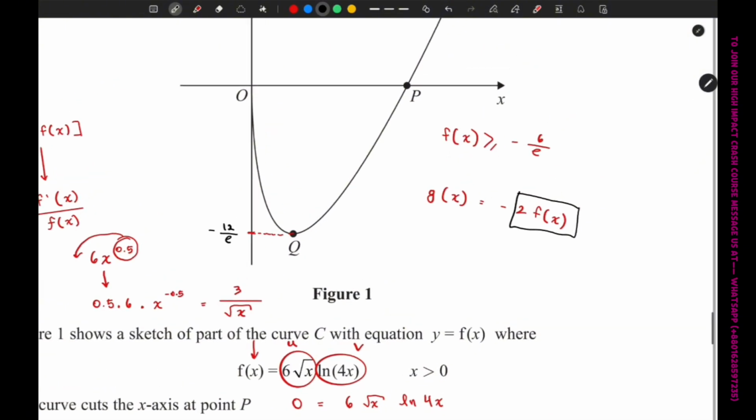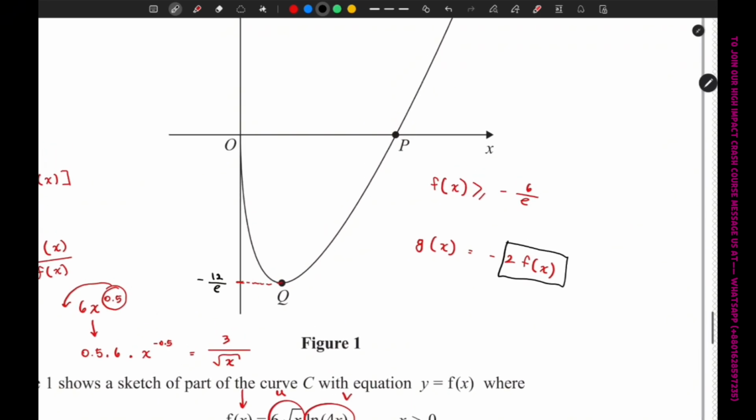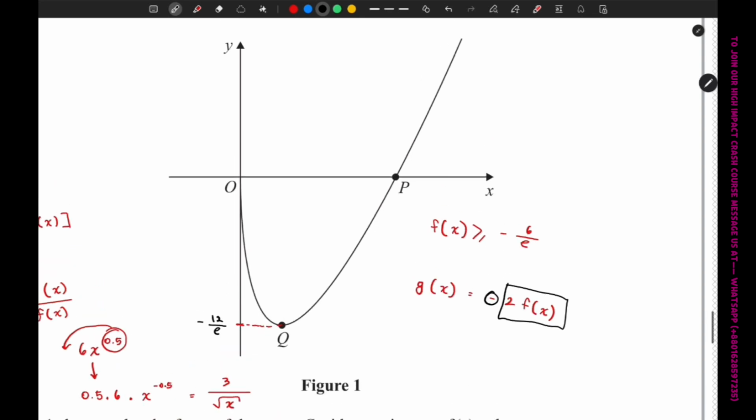Now the second thing is that there's a negative sign at the front. If you guys watched my video on transformations and functions, this should be clear to you all, that if there's a negative sign at the front, the whole graph will be reflected in the x-axis. So the new graph will look something like this.